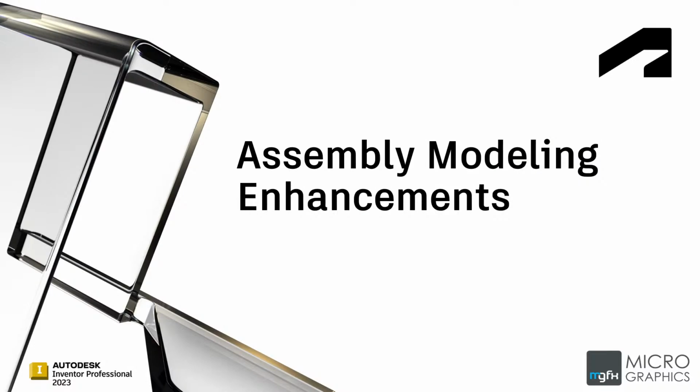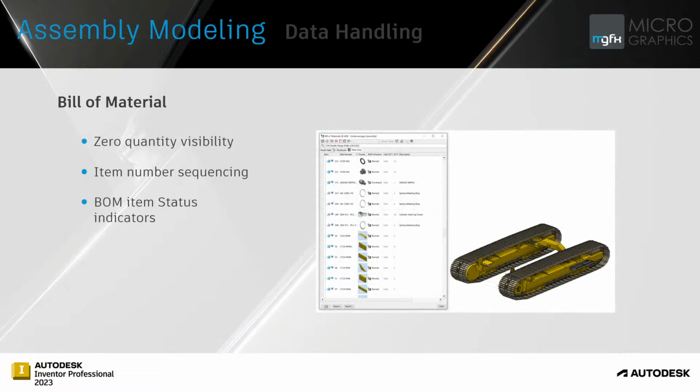Now we'll take a look at assembly modeling enhancements. Right. First up, with the data handling, we have the bill of materials tools, which now shows zero quantity for a line item that is suppressed. So you'll find that even just now when I suppressed a component, we had this little dialog box informing us that the line item for that component in the bill of materials would show 0.